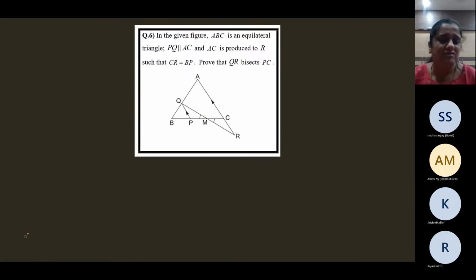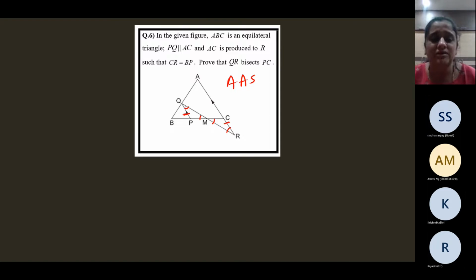See here. Alternate interior angles are equal, vertically opposite angles are equal, and this side is equal to this side. Yes, ma'am. AAS.